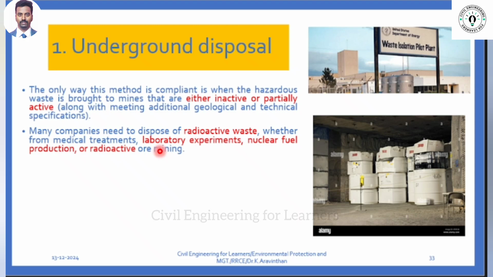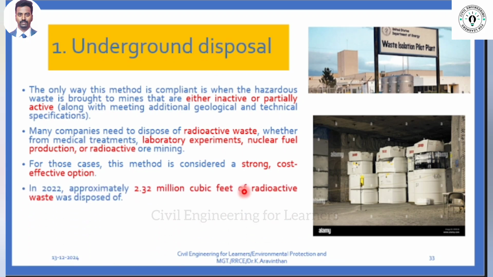Not only in nuclear power plants, but also in labs and experiments. In certain labs they use radioactive elements for reactive purposes. Next is nuclear fuel, that is nuclear energy. Next is radioactive mining. These are the places where they use underground disposal. This is a strong and cost effective method when compared with others. In 2022, how much radioactive waste was dumped?